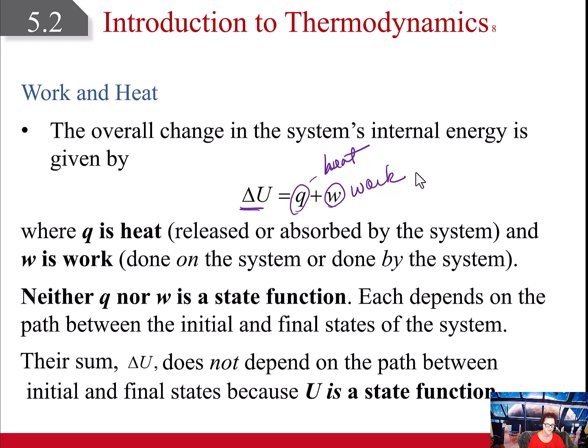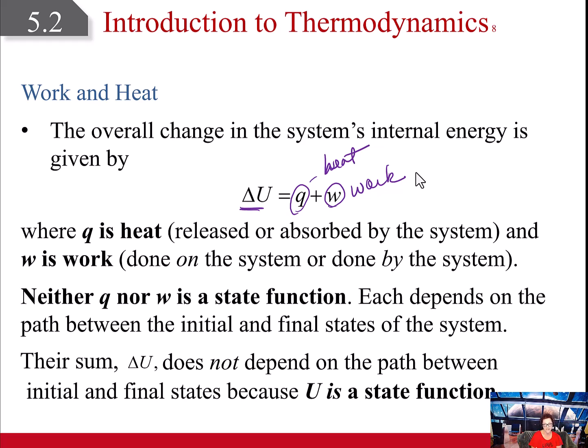Okay, and so one of the examples you're going to see over and over again in your book is a piston, and it's a little easier to visualize. If you do work with a piston, you're going to push down and then let up. And so that's one way of showing doing work with it.